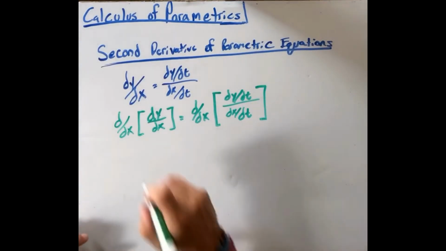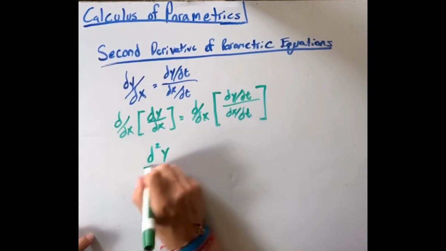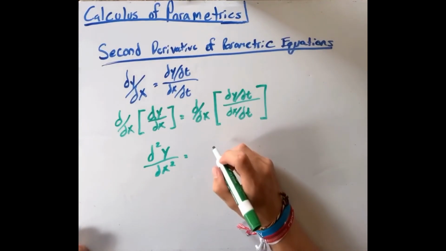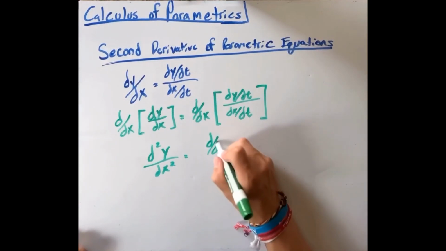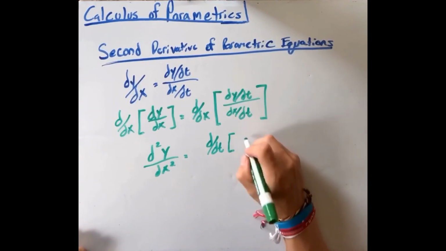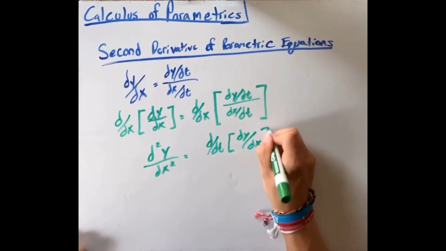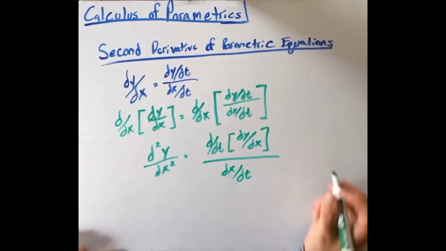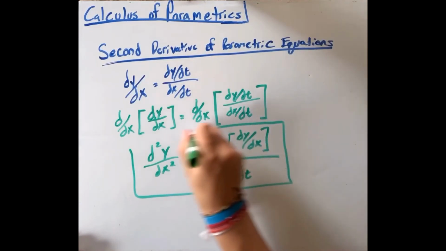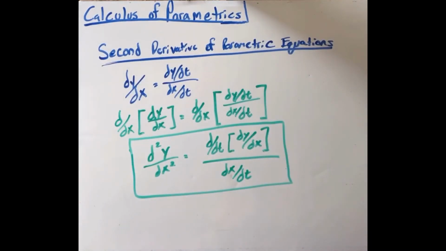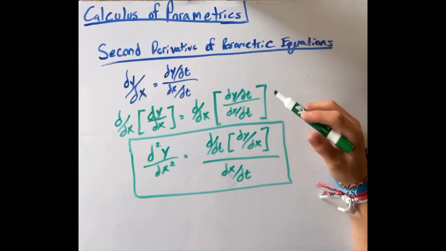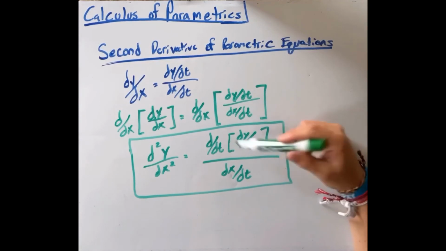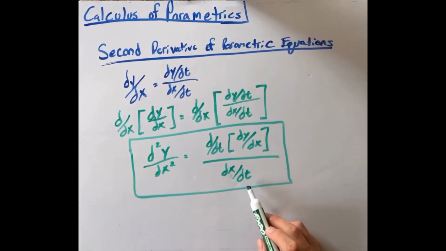And then after some algebra, we're going to come out with the second derivative equal to d/dt of dy/dx over dx/dt. So basically you're going to take the derivative of the first derivative with respect to t over the first derivative of the x equation.